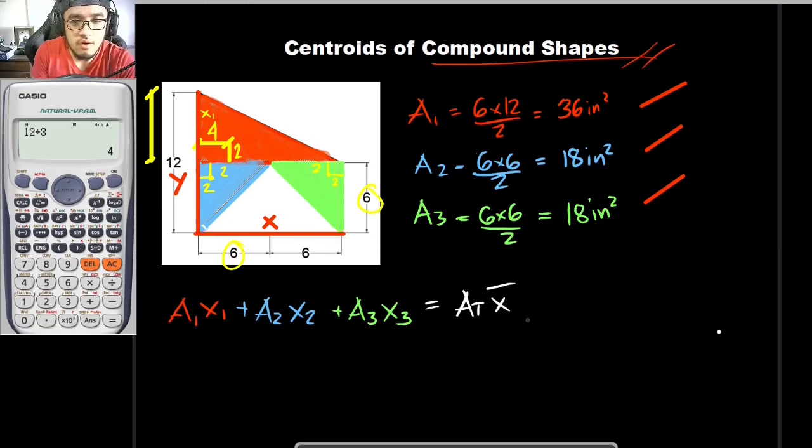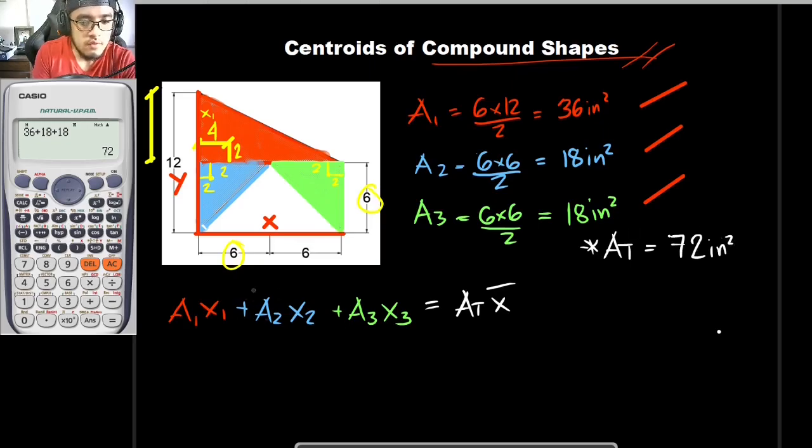Okay, so note here for area total, the total area is the summation of all the areas. So that is 36 plus 18 plus 18, so that is 72 square inches.